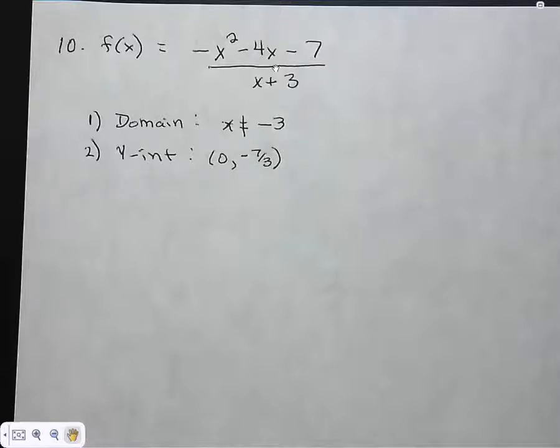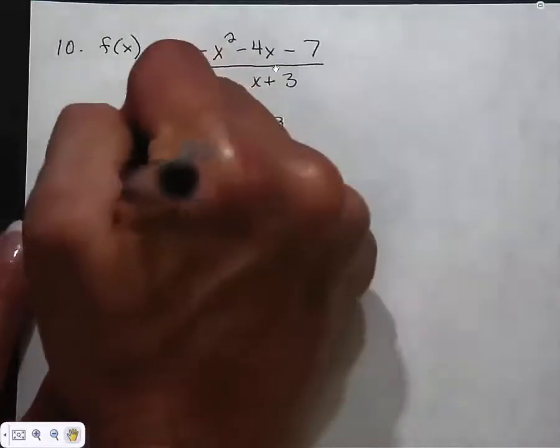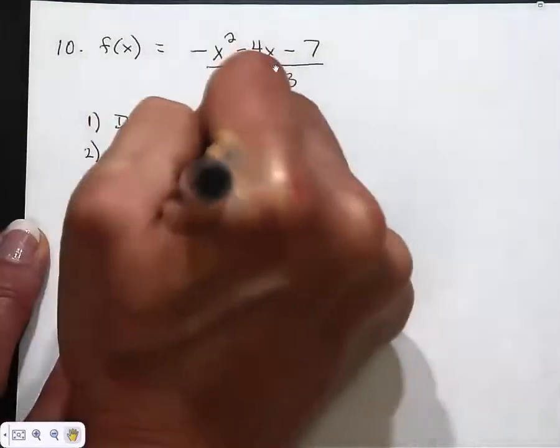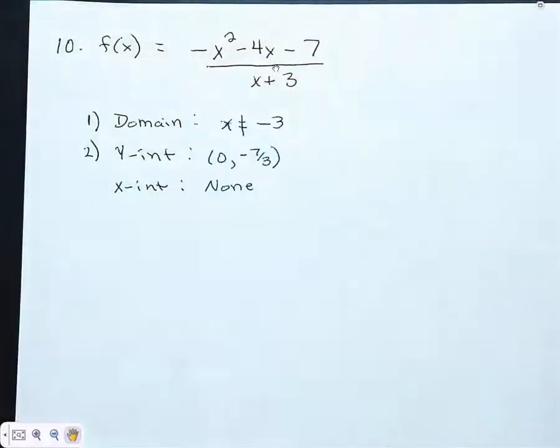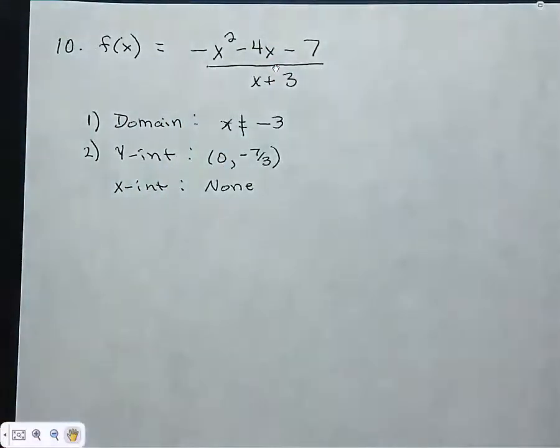What does that tell you about x-intercepts? The answer you would get from the quadratic formula is an imaginary number. An imaginary number can't be an x-intercept, so there are no x-intercepts. I'm not just saying we can't find them. I'm saying there is none, because if you set that numerator equal to 0, you would only get imaginary solutions.